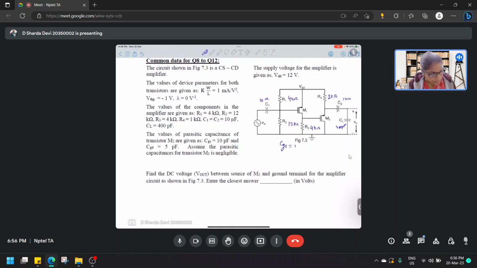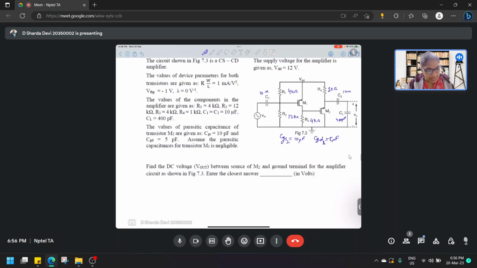CGS is 10 picofarad, CGD is 5 picofarad, and here it should only be considered for M2. We'll neglect the intrinsic capacitances for M1.